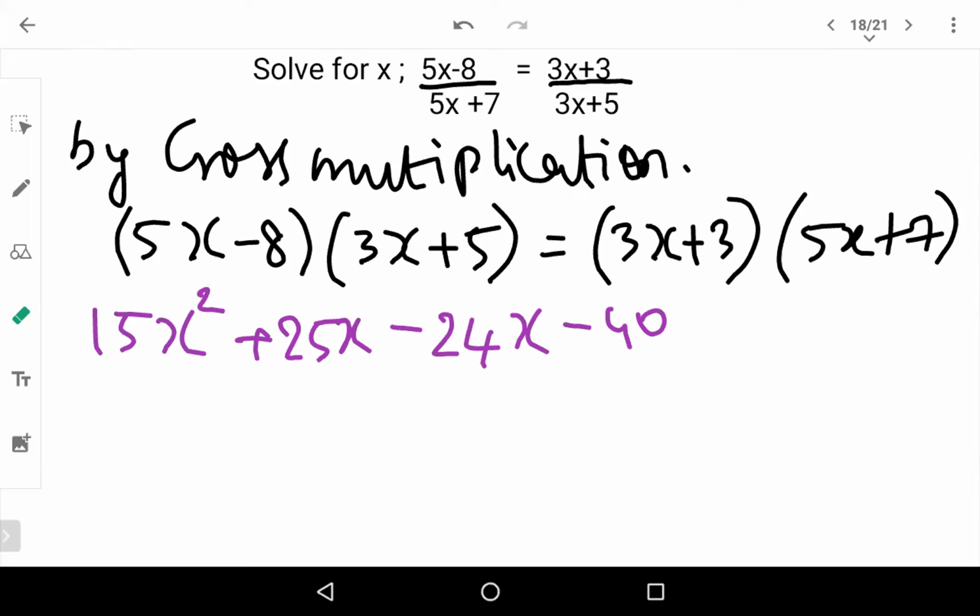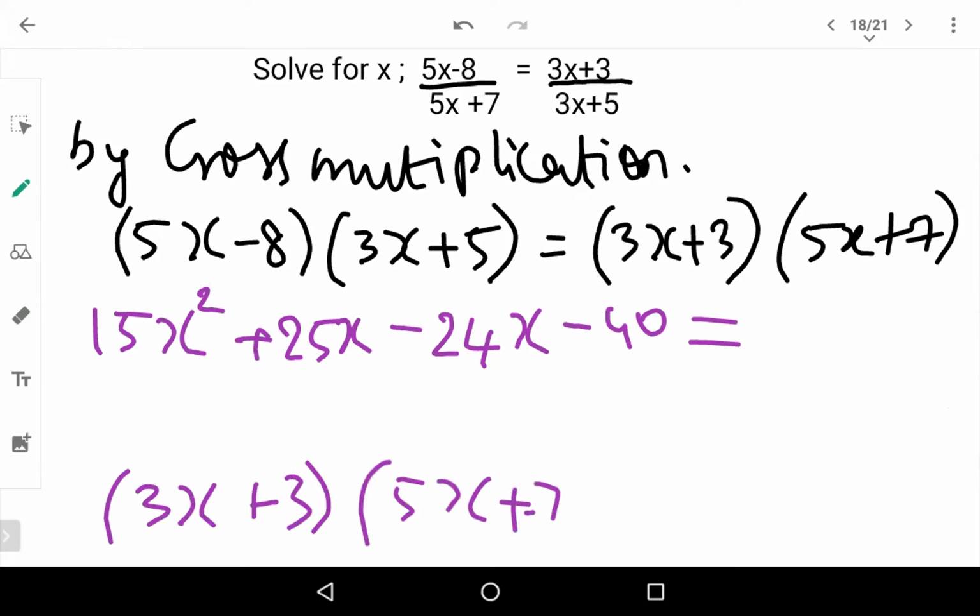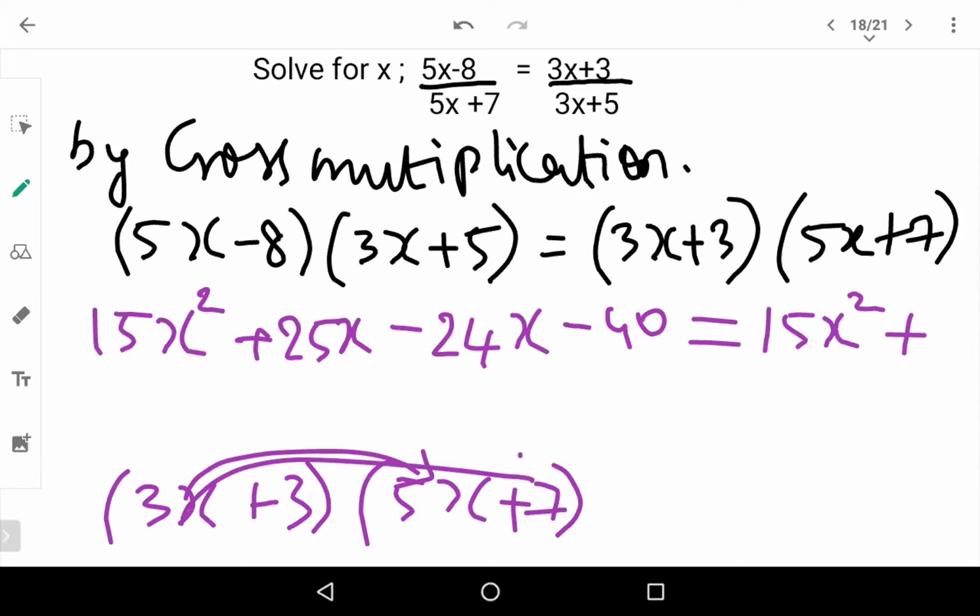Okay, now let's go to the RHS part. Now RHS is (3x plus 3)(5x plus 7). So first 3x into 5x will give me again 3 5s are 15x square, plus 3x into 7: 7 3s are 21, so 21x.